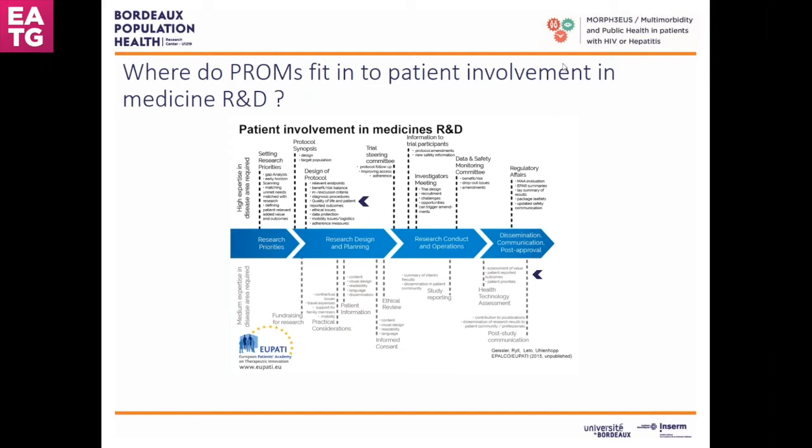Now, what I've just presented is important because the patient involvement in the design of the protocol and the inclusion of valid, reliable patient-reported outcomes that are the most appropriate for the time window in question and the research question are especially important because if this isn't included in the design of those initial clinical trials, it cannot be part of the health technology assessment later on. And we'll get into why that's the case.